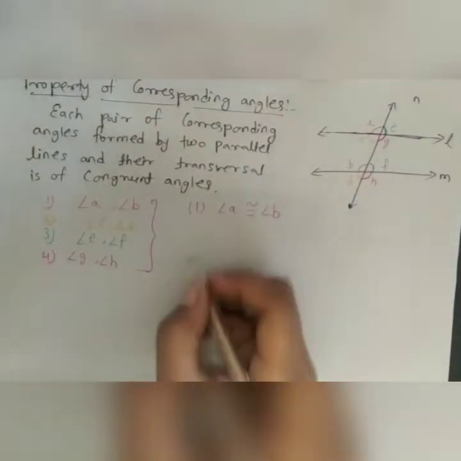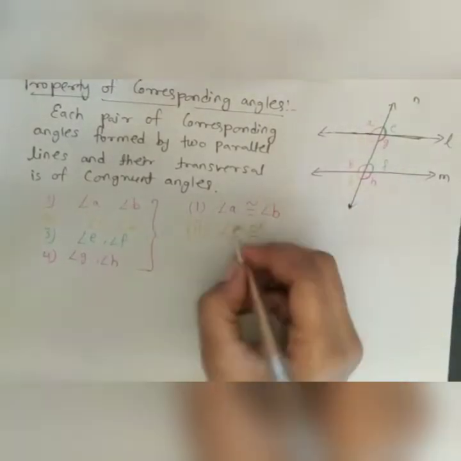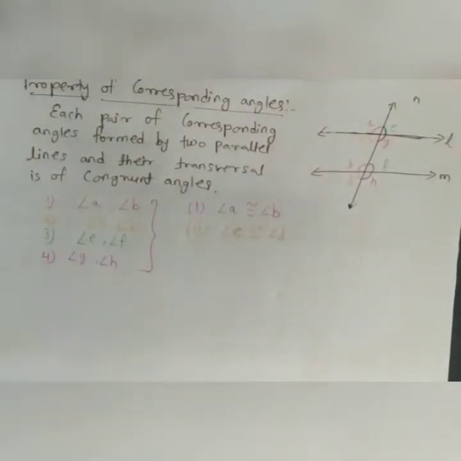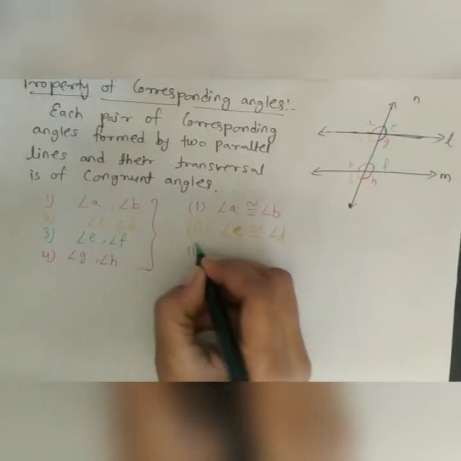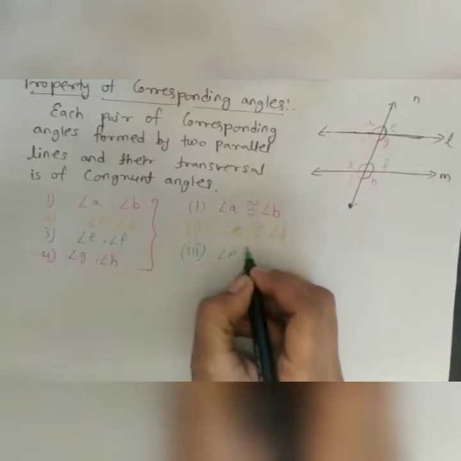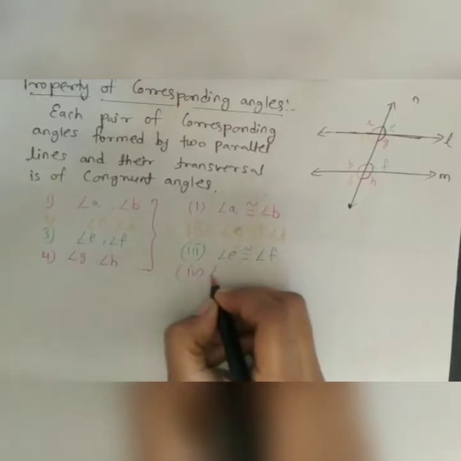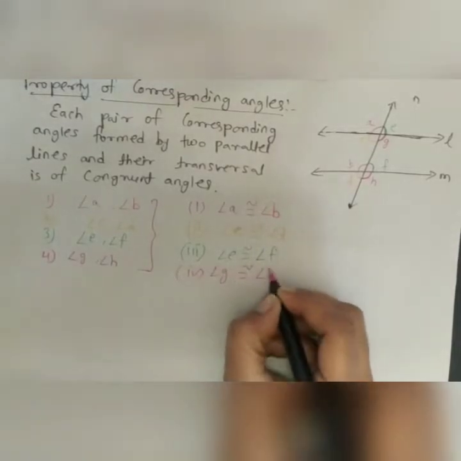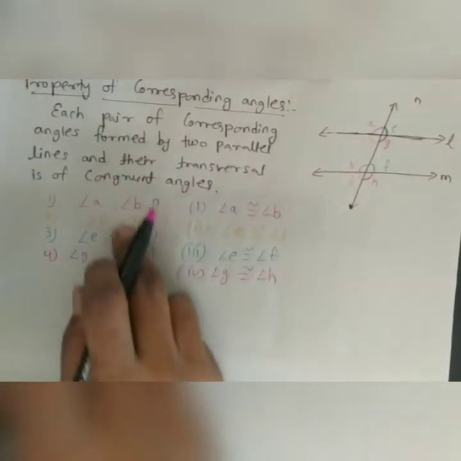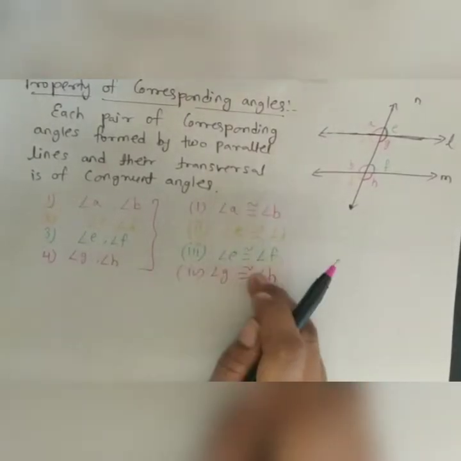And the second one, we have angle C is congruent to angle D. The third one is angle E is congruent to angle F. And the fourth one is angle G is congruent to angle H. These are the pairs of corresponding angles, and this is the property of corresponding angles.